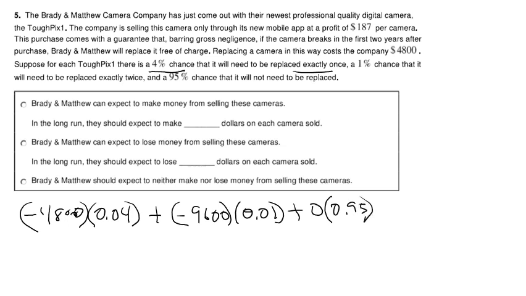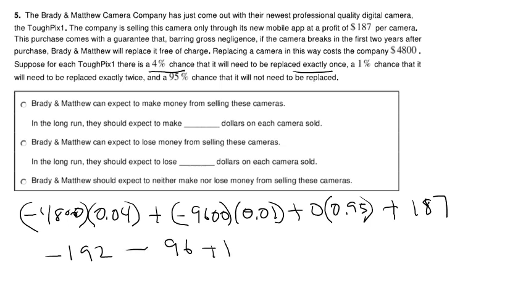Now there is a cost that they make, so they're making $187 on the camera. So this is what they expect to get out of selling these cameras in the long run. So if you do the math here, this is a negative 192. This is a negative 96.